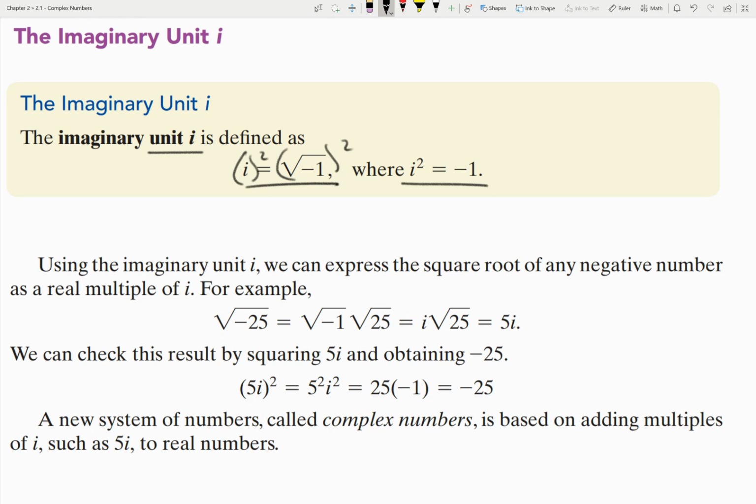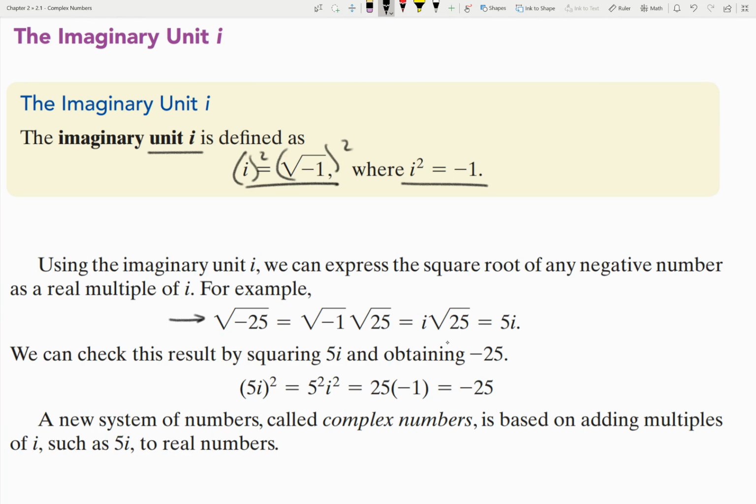Using the imaginary unit, we can now express square roots of negative numbers as some multiple of i. In this example, we have the square root of -25. We can't do that with real numbers, but now we can because we can split that square root into the square root of -1 times the square root of 25.